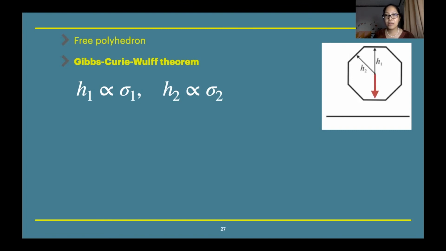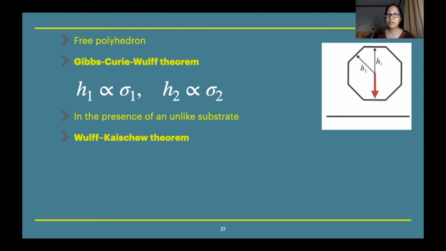And then if we draw the vector from Wulff's point to another crystallographic phase, as shown in the illustration, that distance is also proportional to the specific surface energy of that crystal phase. Now, in the presence of an unlike substrate, what will happen to distances h1 and h2?